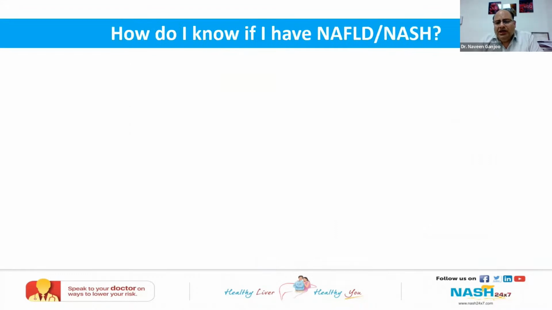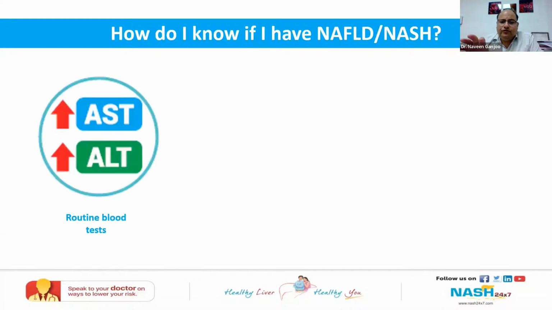So how do I know I have NAFLD or NASH? Of course you have to go to your doctor, but how do you generally know? Everybody, if you have these symptoms, you have to get checked and get your routine blood tests done, ultrasounds and everything. In blood reports, when you do your LFT, liver function test, there are two tests called AST and ALT, also known as SGPT or SGOT.